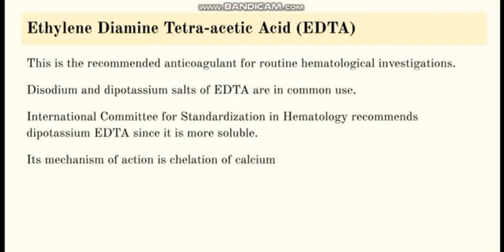Clotting factor 8 is antihemophilic globulin, also antihemophilic factor A, and clotting factor 9 is Christmas factor, also plasma thromboplastin component and antihemophilic factor B, and clotting factor 10 is Stuart-Prower factor.